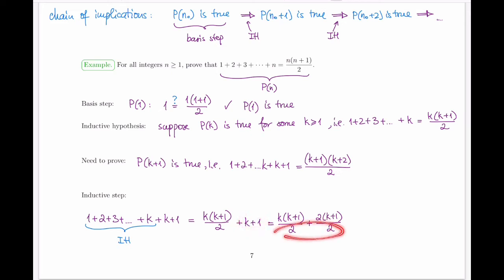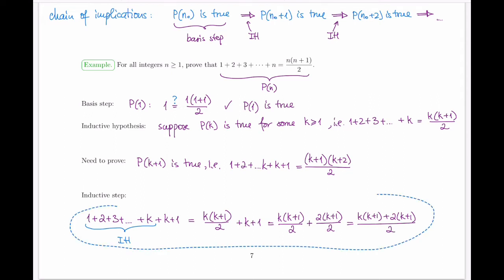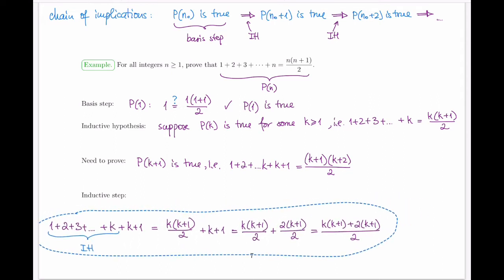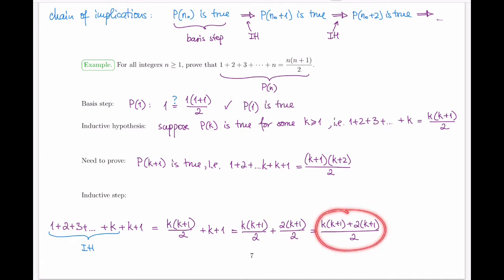Now that they have the same denominator, I can put them together. So what I'm going to have is (k(k+1) + 2(k+1)) all over 2. Excellent news. Now, is there anything else I can do to simplify this expression right here? Well, I notice, of course, I can open up the brackets, but I also notice that this bracket is actually the same.